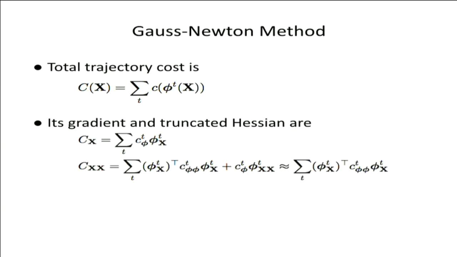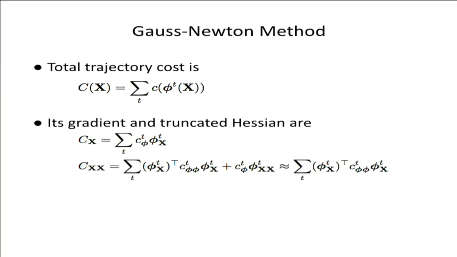And you can derive its gradient with respect to the entire trajectory; you just apply the chain rule. And you can also get the Hessian of this trajectory. And what does the structure of the Hessian end up looking like? For the gradient, you only needed the Jacobians of phi, basically how your dynamics residual is going to change with respect to your trajectory, and also how the cost function is going to change with respect to your features.